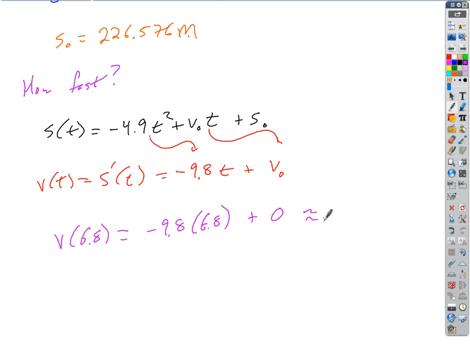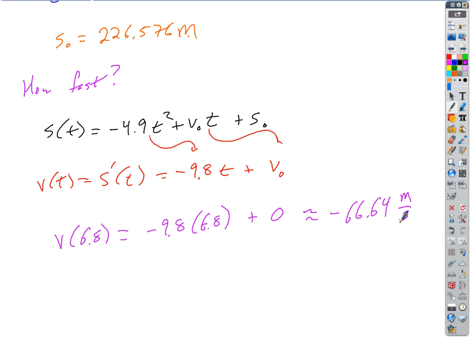Roughly negative 60 something. Can you help me out? What is 9.8 times 6.8? 66.64. Units? Meters per second. We're measuring distances in meters, time in seconds.